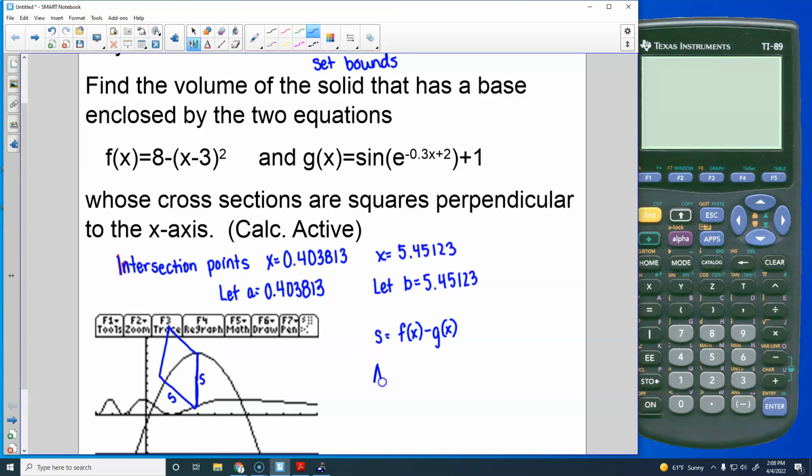So the area of the square would be, not 2S, S squared. So we'd have f of x minus g of x, squared, because we do S times S, or S squared, to find that area.